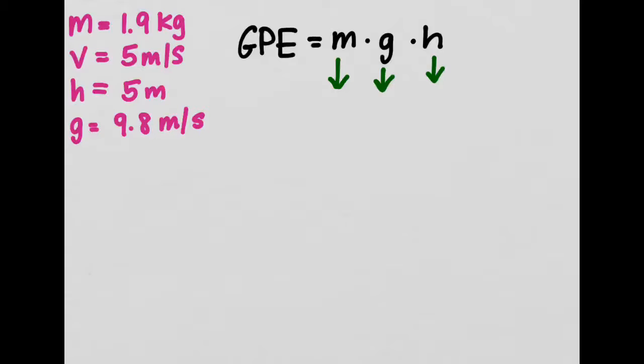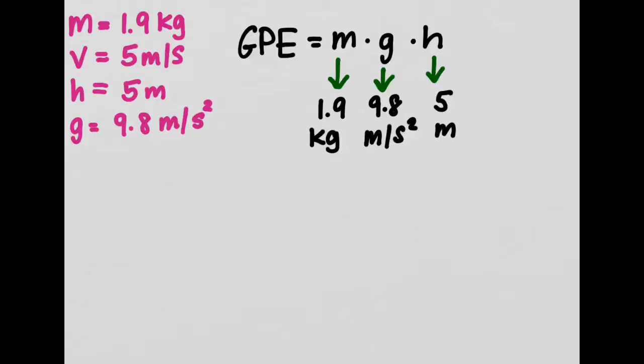Okay, so now I know that my mass is 1.9 kilograms. I'm going to put that in. And I know that the force of gravity on Earth is equal to a constant of 9.8 meters per second squared. Almost forgot to add the squared on my list over there in pink. The next thing I know is that the height of the ball above the ground is 5 meters.